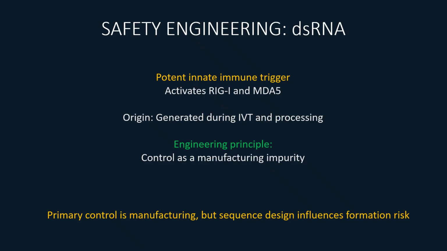A template sequence strongly affects how much double-stranded RNA is generated. So basically, double-stranded RNA control is both upstream and downstream. So we minimize formation through sequence design, and we control residual levels through purification and batch QC.